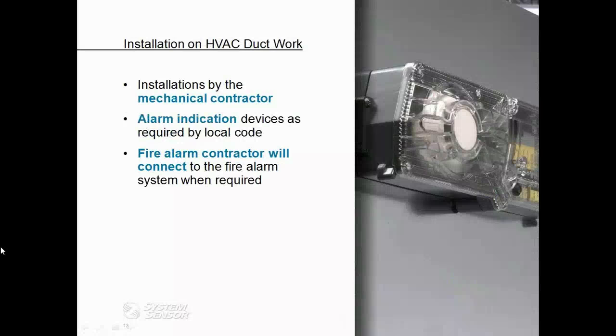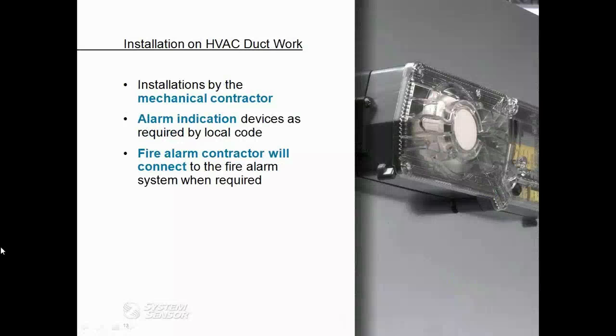First, the most common place for duct smoke detectors to be installed is on the actual ductwork. These installations are performed primarily by the mechanical contractor. Depending on what code is being enforced, an alarm indication device may also be required. Oftentimes, duct smoke detectors are installed in applications where they can't be seen from the occupied space.